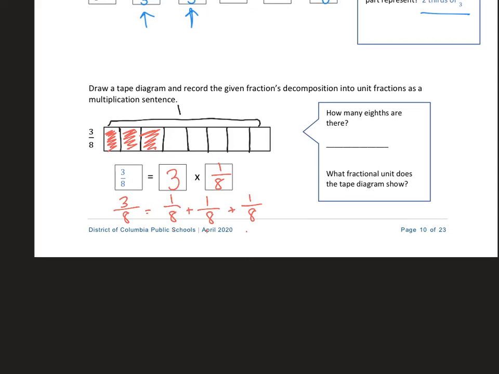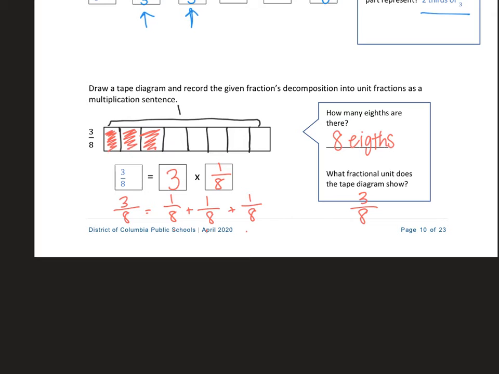So again, how many eighths are there? All right, there are 8/8 altogether. And then what fractional unit does the tape diagram show? The tape diagram shows 3/8.